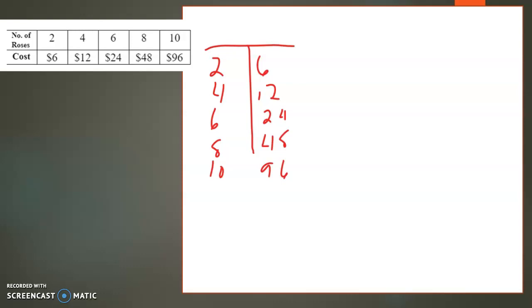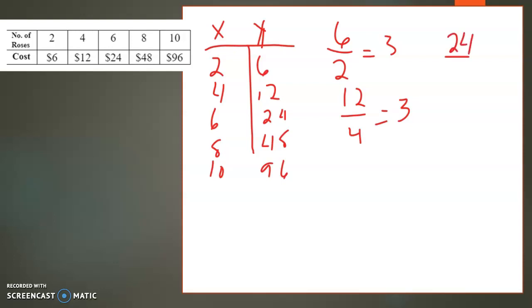You're going to go through every single one of them: 6 divided by 2, which is y over x, and that's 3. 12 divided by 4 is 3. 24 divided by 6 is 4. I got somebody who doesn't match. This one and this one are 3. This one is 4. This is not a direct variation.